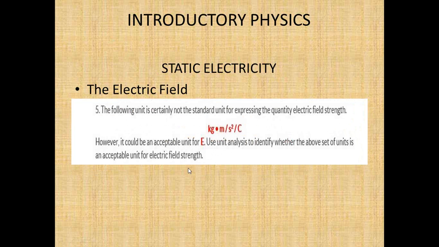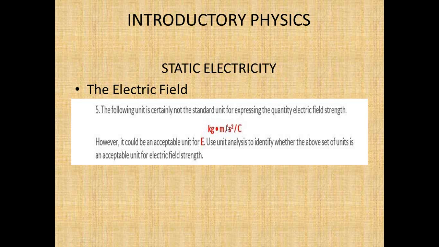If you remember the definition, electric field strength is equal to the force divided by charge. This is kilograms times meters divided by seconds squared. I remember what Newton's law said: force is equal to mass times acceleration. So this is a force. It's just not our regular unit. As a matter of fact, this is the newton.